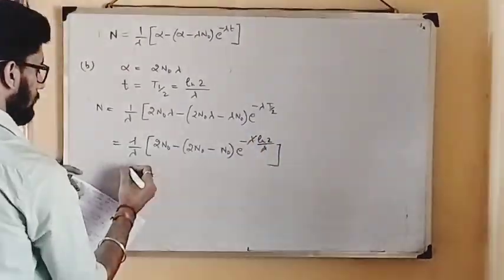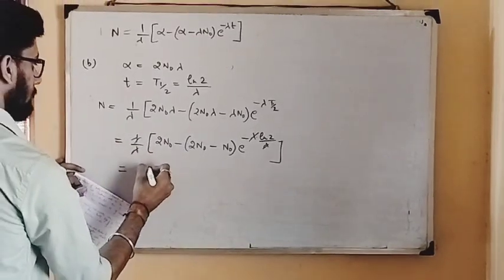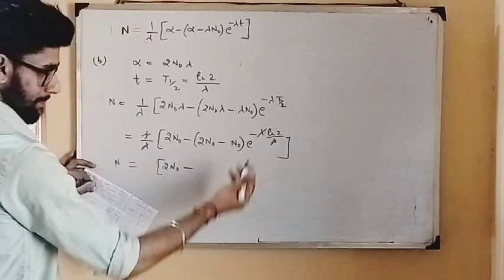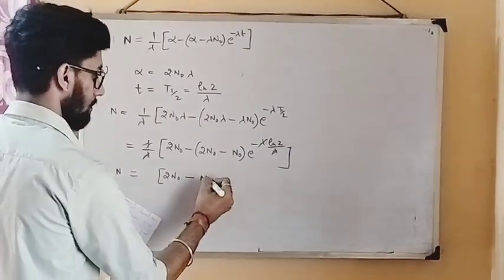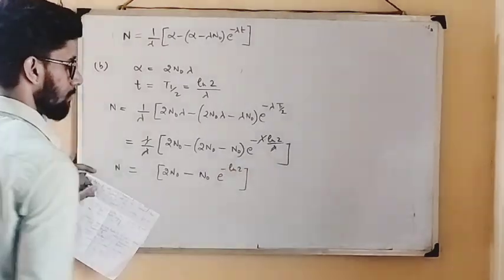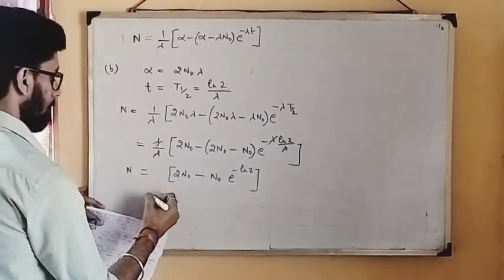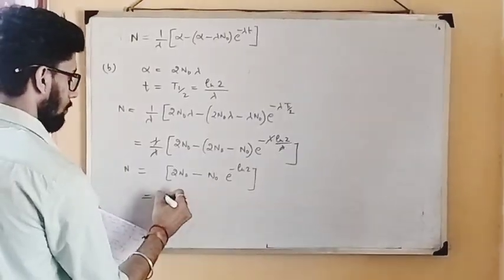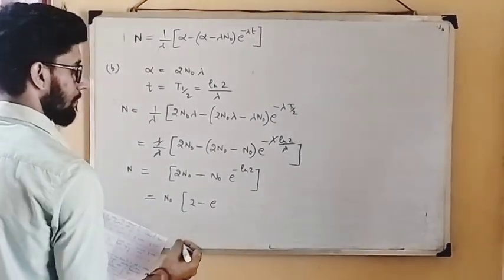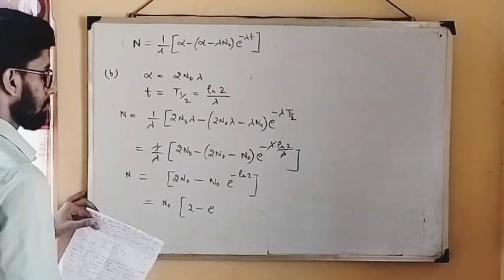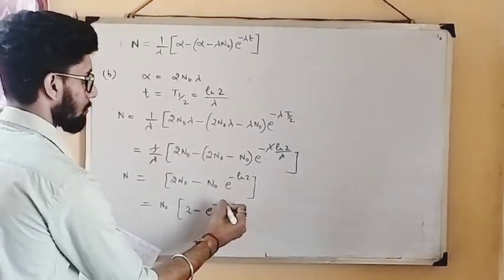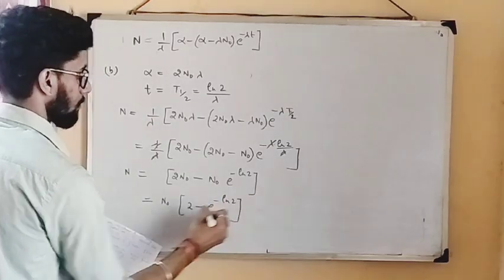So from here we can calculate n is equal to 2 n naught minus n naught e raised to power minus natural log of 2. If we take n naught common, n naught times 2 minus e raised to power minus natural log of 2.